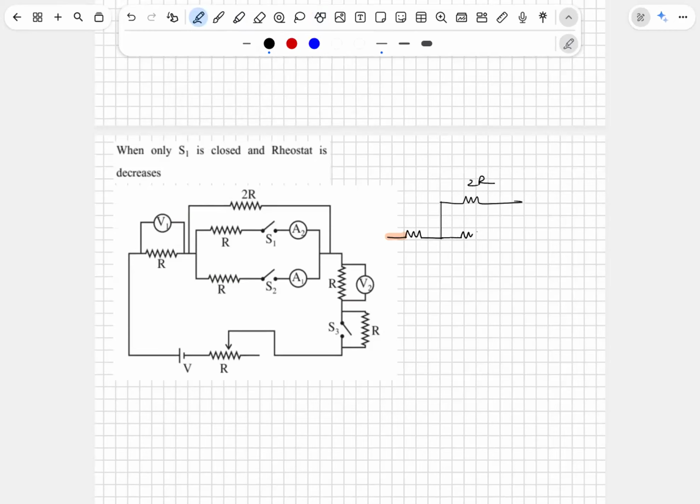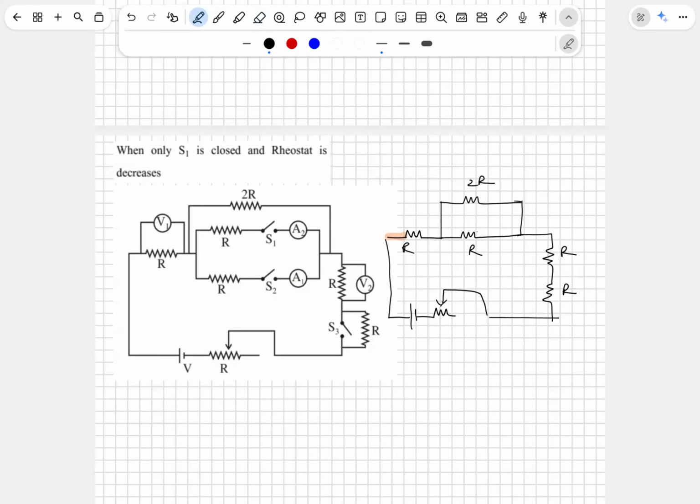R, and the rheostat. You are decreasing the resistance.